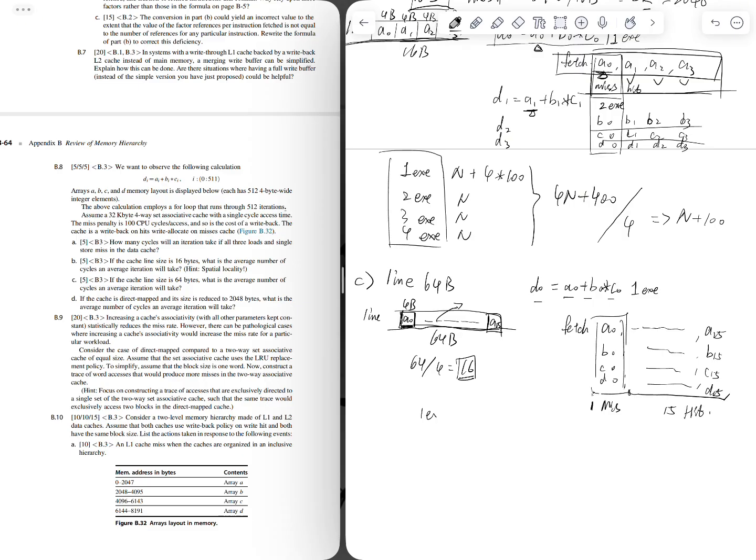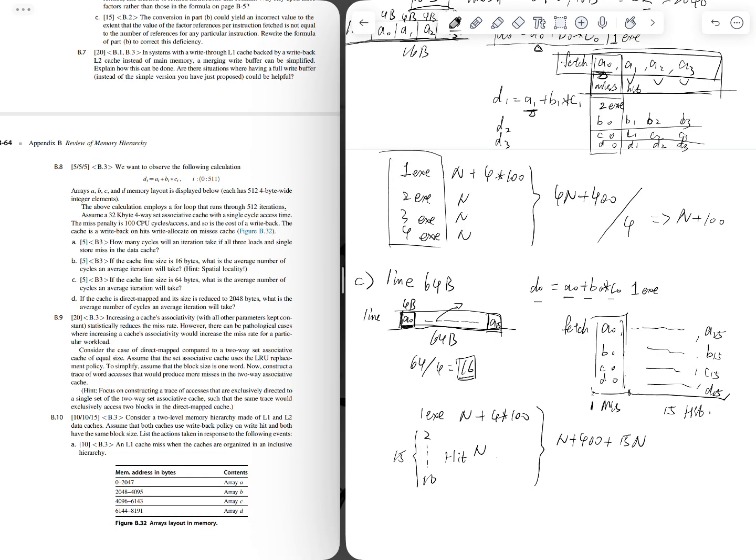The first execution is n plus 400 for the 4 misses, and the 2nd through 16th, the last 15, are all hits, so they are just n.